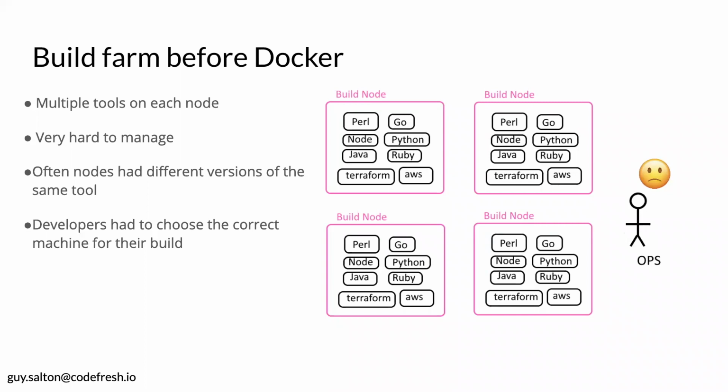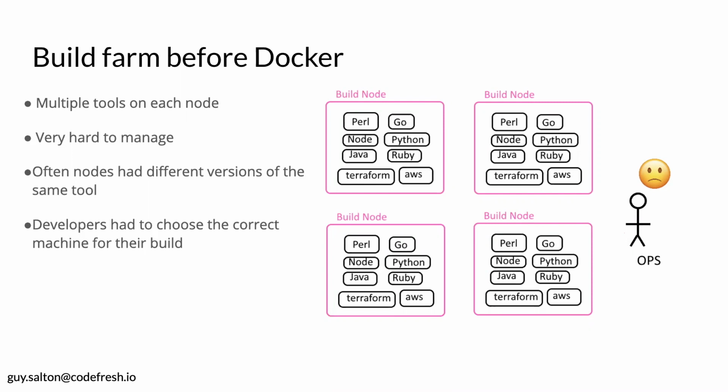So imagine a big organization that has different tools, that develops different programs, and it needs to have what we call a build farm. So many build nodes, usually created as virtual machines. And then imagine the operator in such an organization. He has to maintain all of these build nodes.